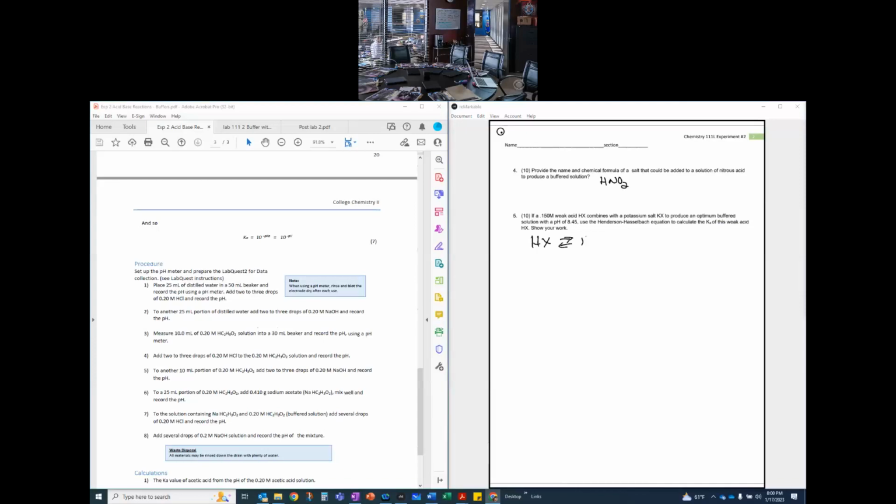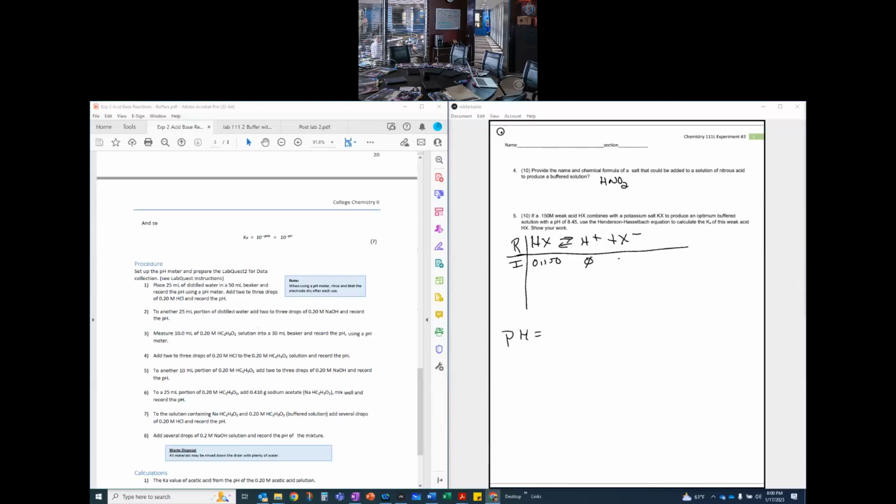It decomposes to give me H plus and X minus. Okay. I know that I start with a 0.150 molar. This is 0. And then I have a potassium salt KX to produce an optimum buffer. Okay. So I have some amount.